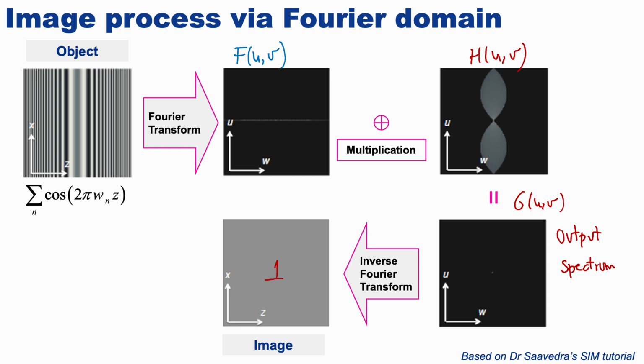So this is the whole process of imaging when we do it in the Fourier domain. We know that the output is the product of our input with our transfer function, and then we do the inverse Fourier transform to estimate our output distribution.